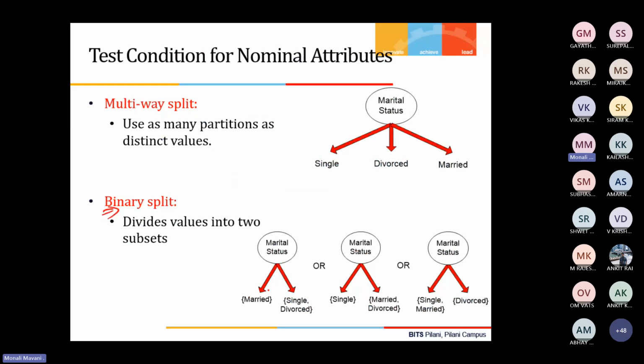Marital status has 3 distinct values: married, single and divorced, but we converted them into 2 values. Depending upon your domain knowledge, you can combine values, or we can have a multi-way split. Then it will not become a binary tree. A multi-way decision tree is also possible.